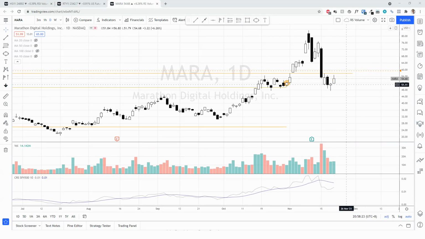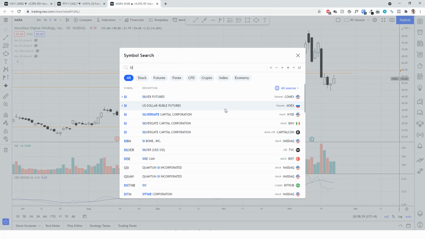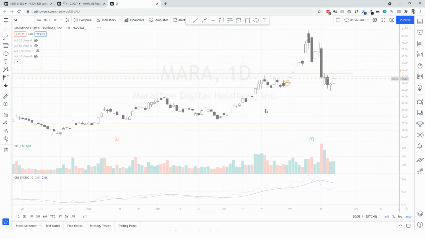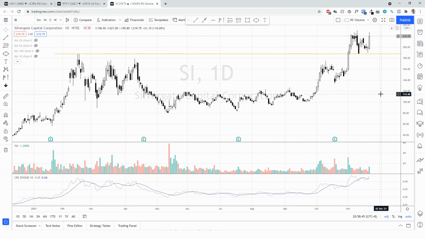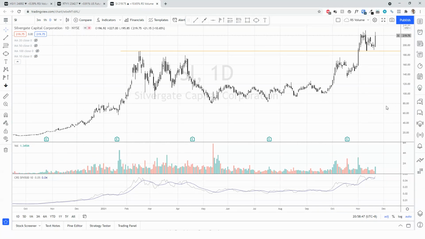Otherwise, if it fails, then I think that could stop me out. If it fails with another big bearish bar with increasing supply, then I'll be out. Because if you take a look at Silvergate, this is probably one of the quality stocks related to Bitcoin. Look at this, the structure is very nice.